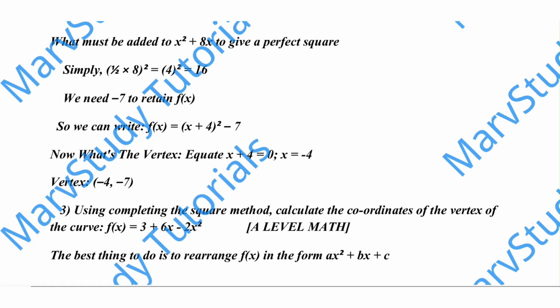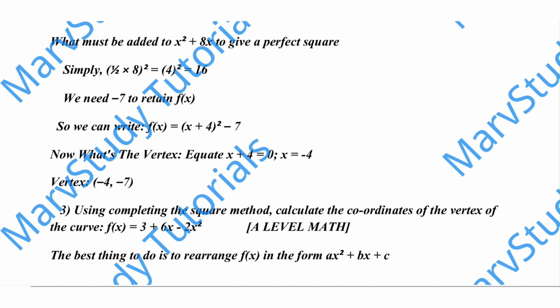And the best thing to do here is to rearrange the function that has been given to you, because it's not that clear. Normally, a quadratic expression is of the form ax squared plus bx plus c, and for me, it's best expressed like that.